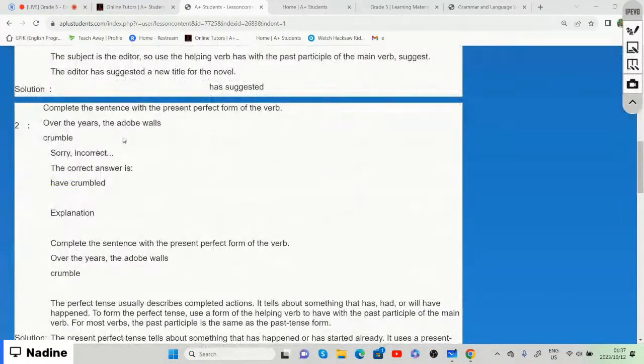Over the years, the adobe walls crumble. So now we need to say if it has crumbled or have crumbled. We need to basically put the correct helping verb in that sentence.